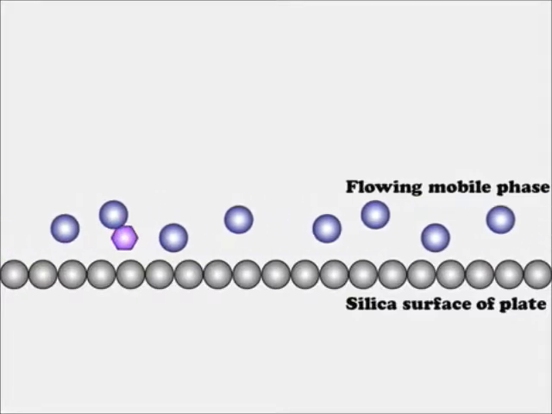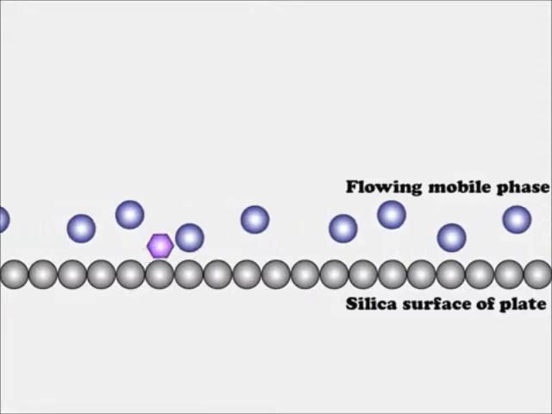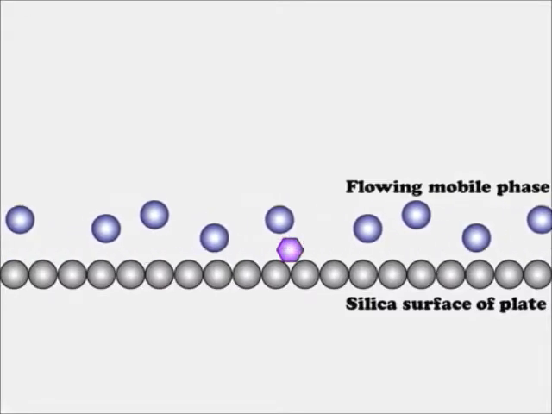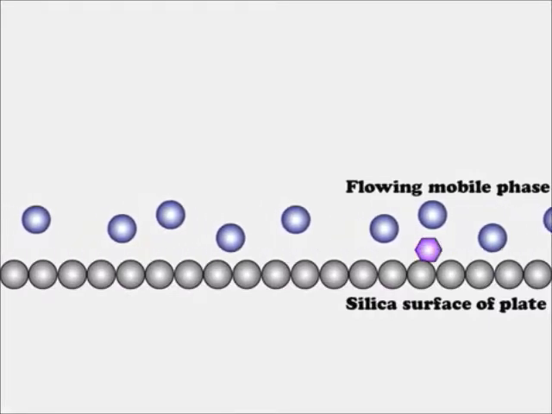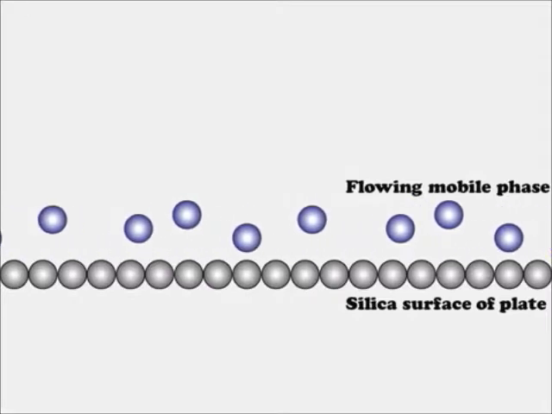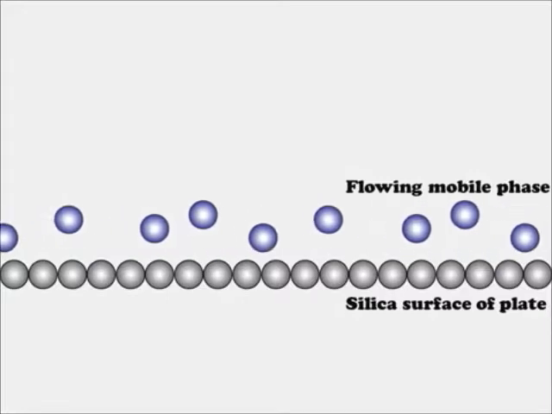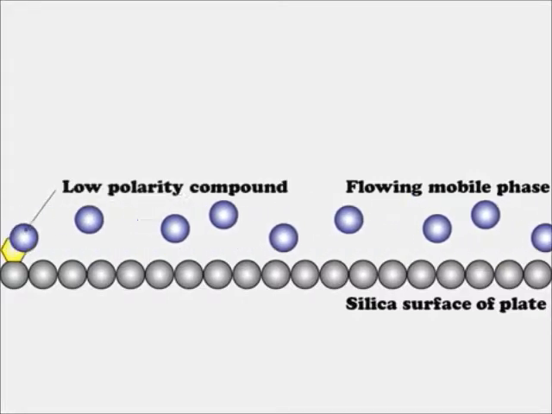Notice that when I release this compound, it's swept along by the mobile phase, but it occasionally takes a break and adheres to the silica surface on the stationary phase. Because of its high polarity, it spends a large portion of its lifetime adhered to that surface, and therefore it moves very slowly from one side to the other. Now, in contrast, let's take a look at the lower polarity of the two compounds.